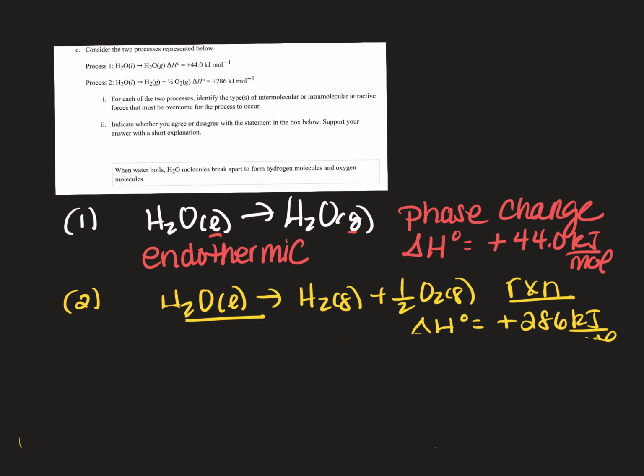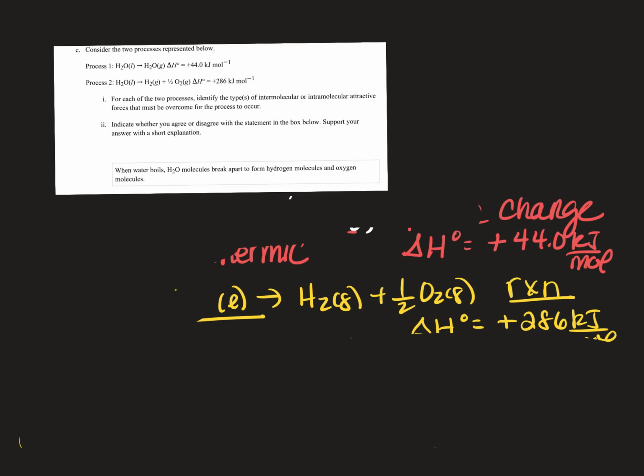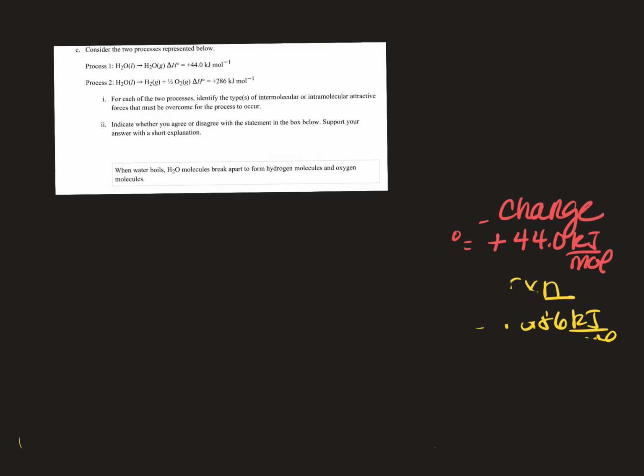says, indicate whether you agree or disagree with the statement in the box below. Support your answer with a brief explanation. So it says, when water boils, water molecules break apart to form hydrogen molecules and oxygen molecules. Well, what they're saying then is that process 2 would be what happens when we're boiling water.